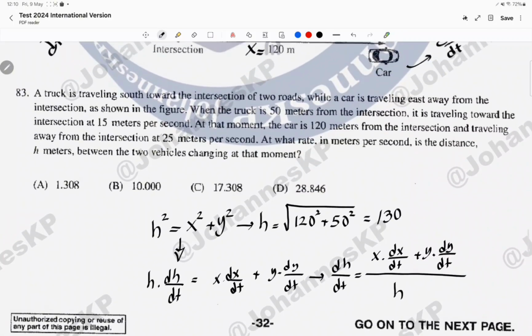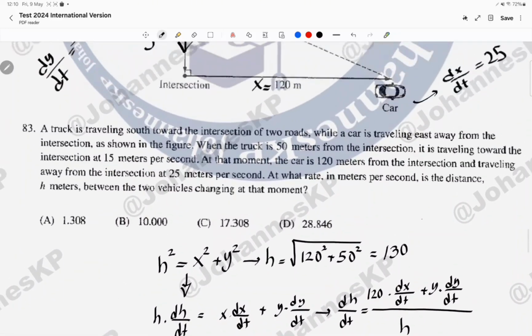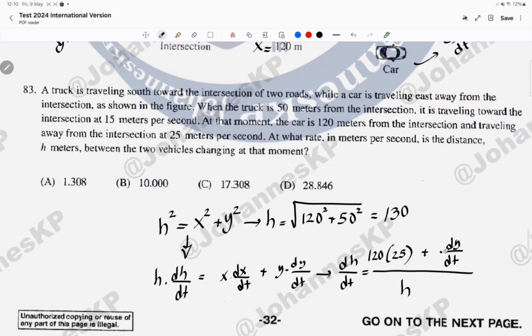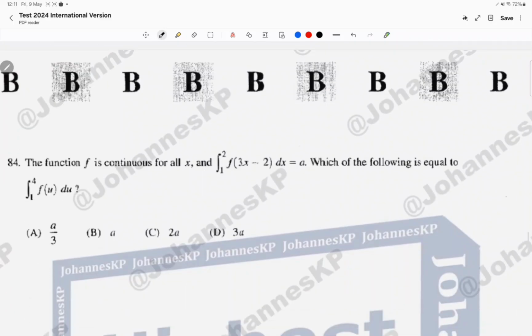Okay, so x is 120, dx over dt is 25, y is 50, and dy over dt is negative 15. And h is 130. Let's use the calculator. And I got 17.307. Just see. 84.